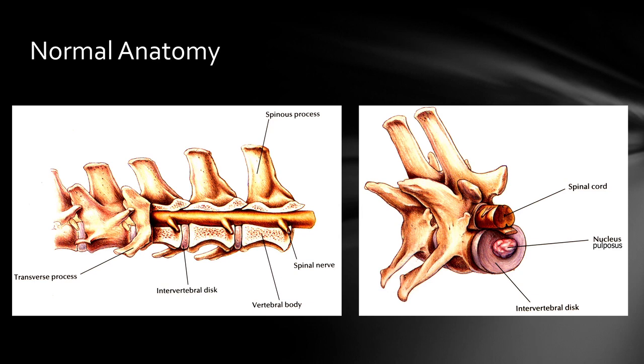We have several types of processes associated with our vertebrae, the transverse, the spinous. We will talk about a couple of others on the radiographs in a bit. And then just as a reminder, the vertebral canal lives dorsal to the vertebral bodies, ventral to the laminae, and contains the spinal cord with the meninges. And then the nerve roots exit the spinal cord and then the spine through the intervertebral foramina.